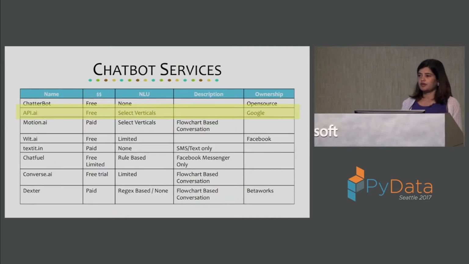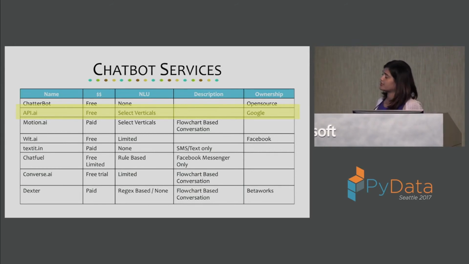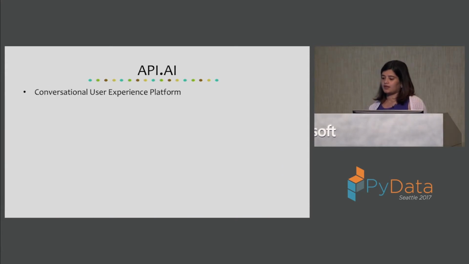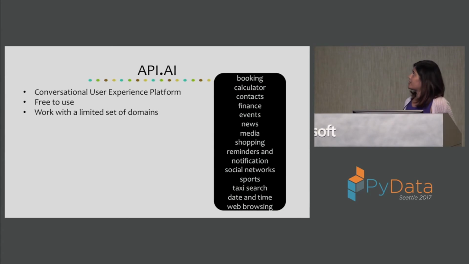One of the most popular ones is API.ai, which is acquired by Google. It has some natural language understanding for selected verticals, which means that it works with a limited set of domains.